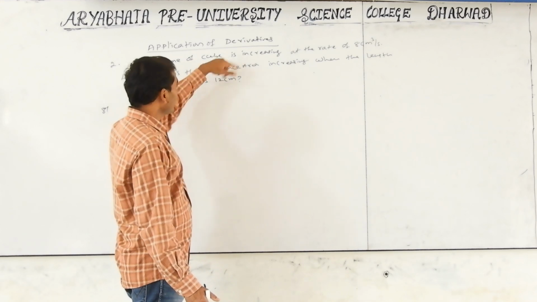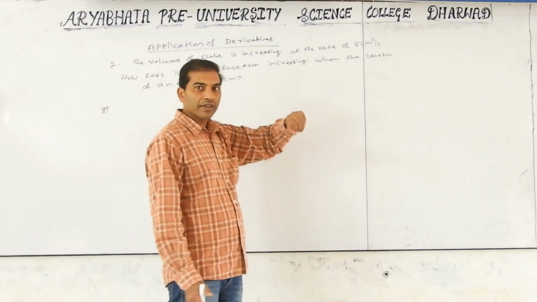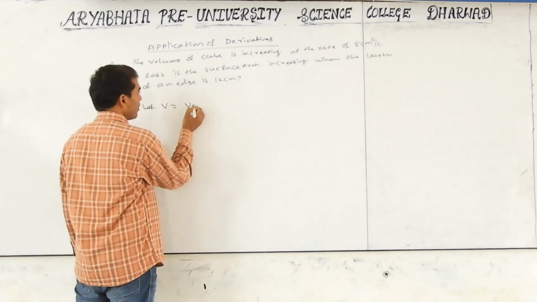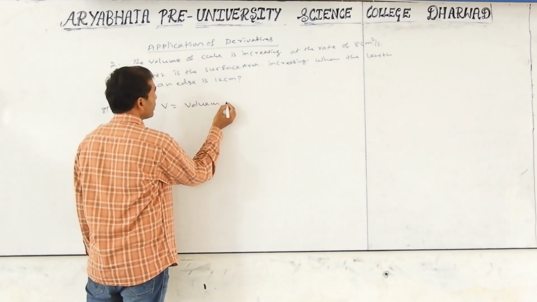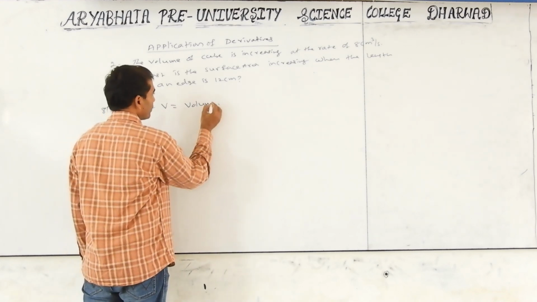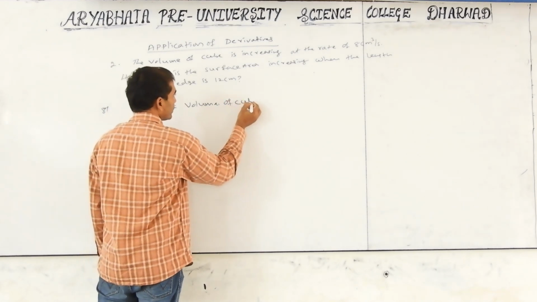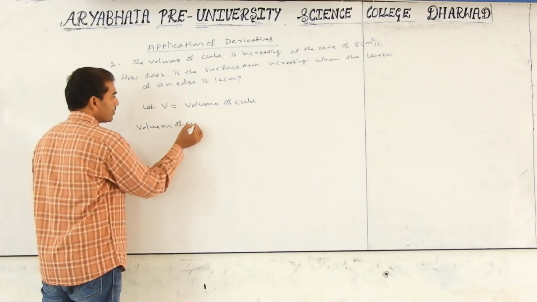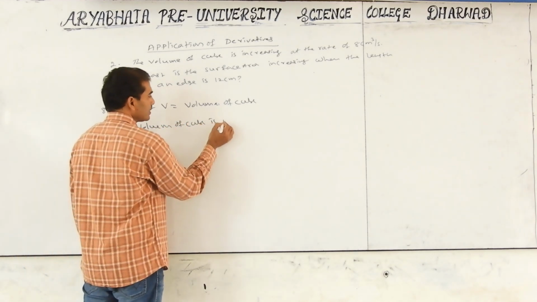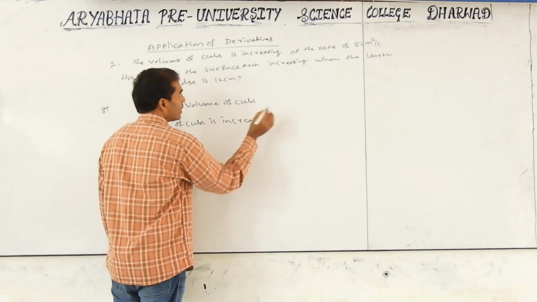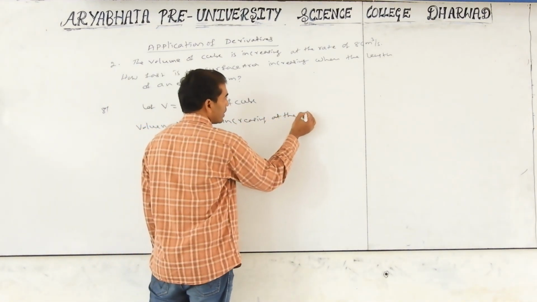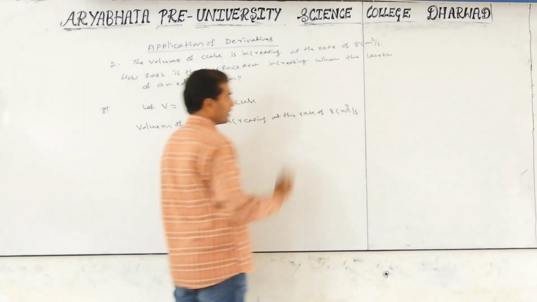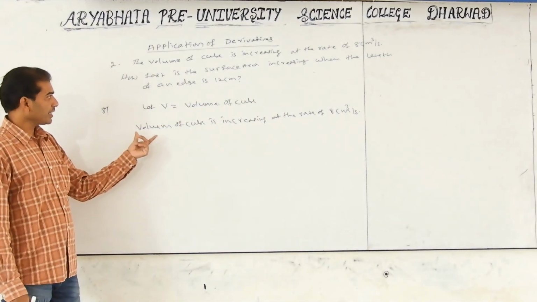Let V stand for the volume of the cube. The volume of the cube is increasing at the rate of 8 centimeter cube per second. So this is given in written form.